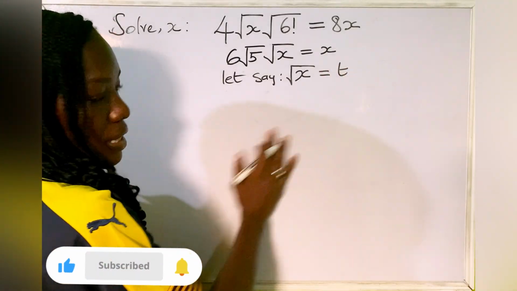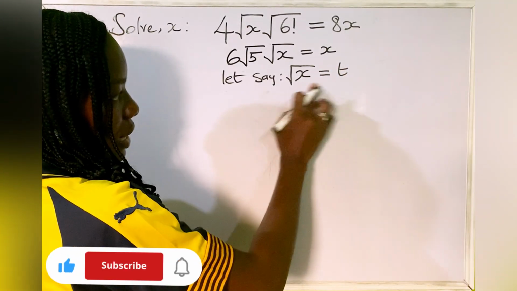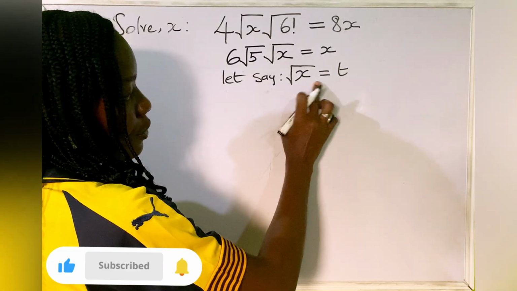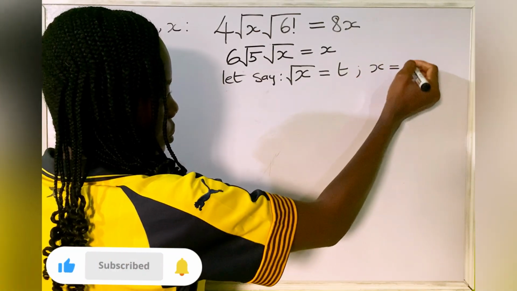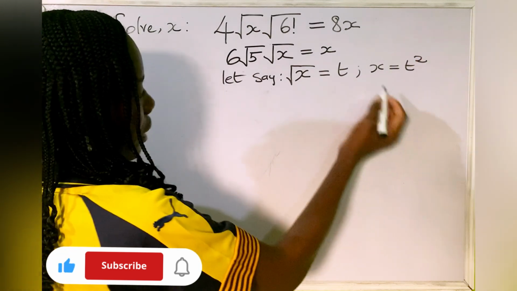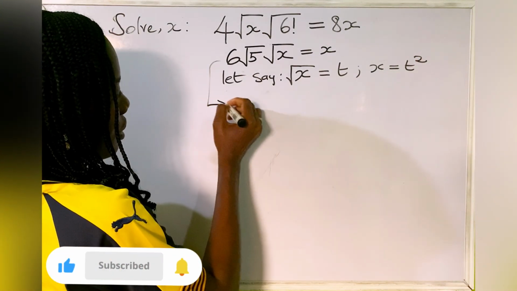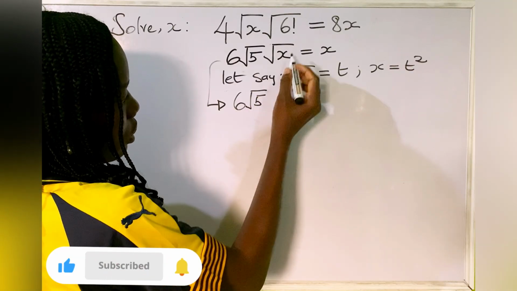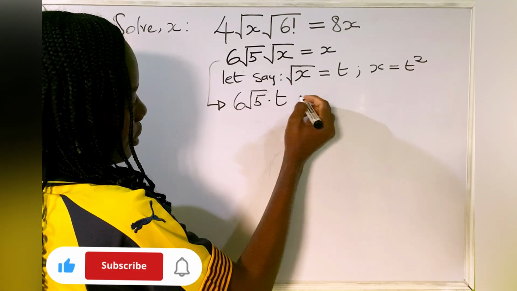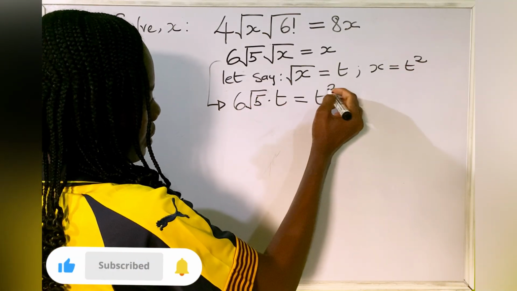Let's introduce a constant t. So wherever we see root x, we're going to replace it with t. So if root x is equal to t, that means that x is equal to t squared. All right, so we'll do that, and we have 6 root 5 multiplied by t is equal to t squared.